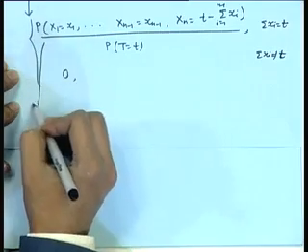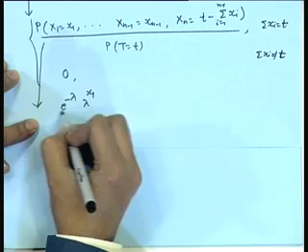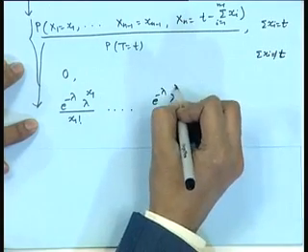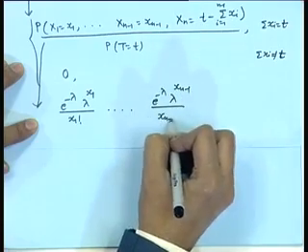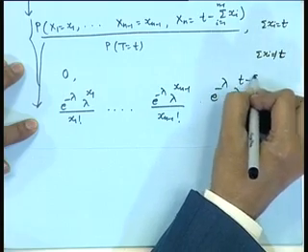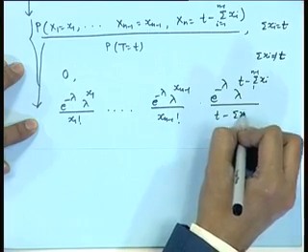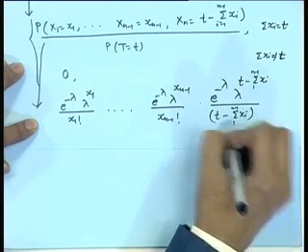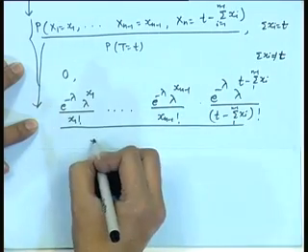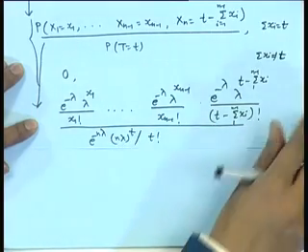So, we can substitute these values here: e to the power minus lambda, lambda to the power x1 by x1 factorial and so on. And the last term will be e to the power minus lambda, lambda to the power t minus sigma xi, 1 to n-1, divided by t minus sigma xi, 1 to n-1, factorial, and divided by e to the power minus n lambda, lambda to the power t divided by t factorial.